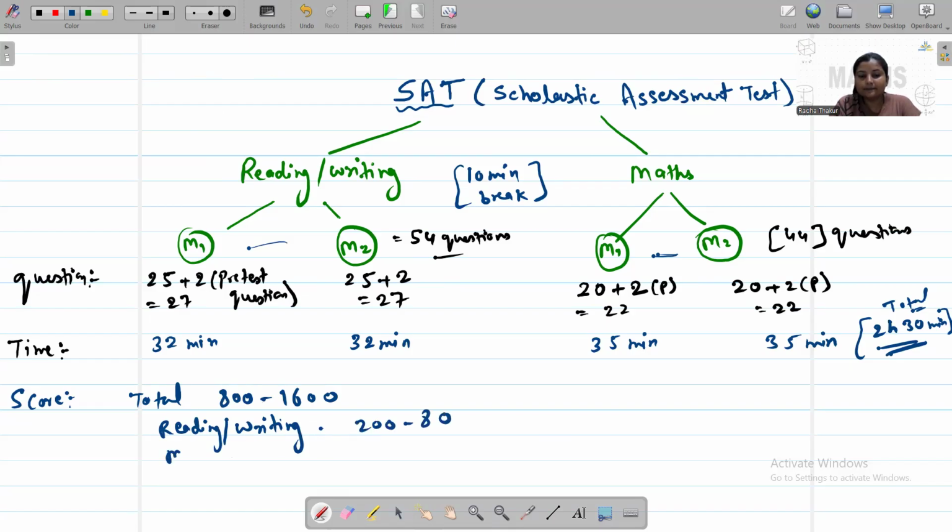And for maths, again, it's 200 to 800. All right. So that means the exam is for total marks of 1600.